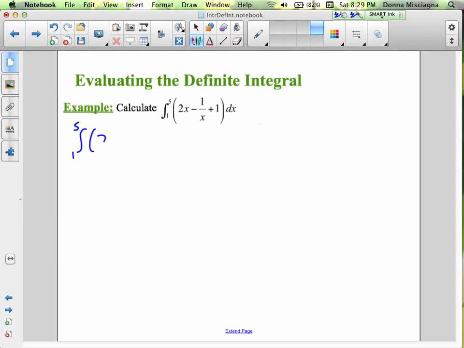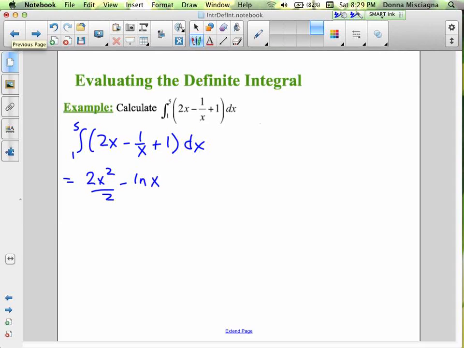All right, so we are integrating 2x minus 1 over x plus 1 dx on the interval from 1 to 5. Integrate 2x, that would be 2x squared divided by 2. Whose derivative is 1 over x? It's natural log.